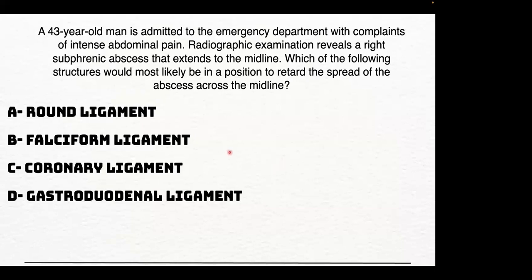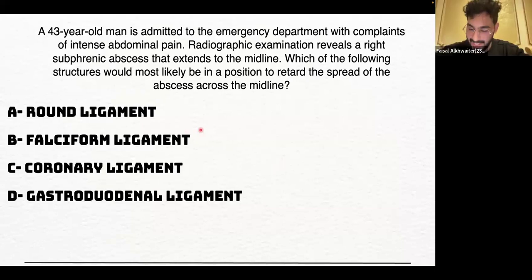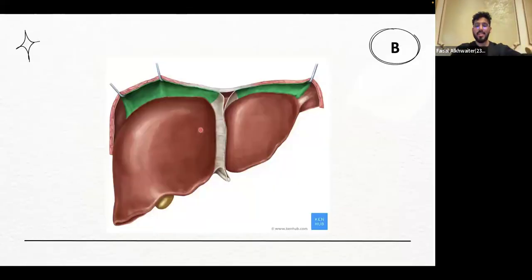I'm going to explain it on the picture, it's better. So it's B, it's the falciform ligament. It's not the coronary ligament. This is the coronary ligament. It attaches the liver to the diaphragm superiorly. So this, all of this. Great.